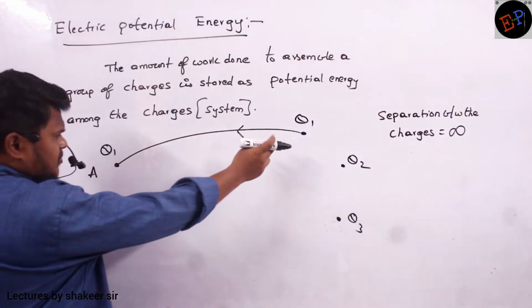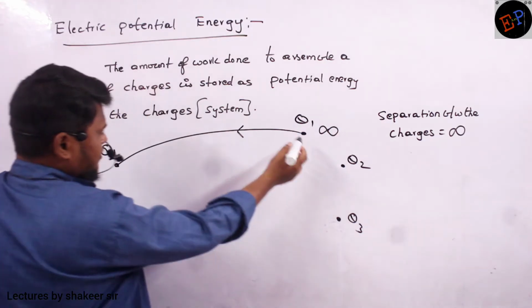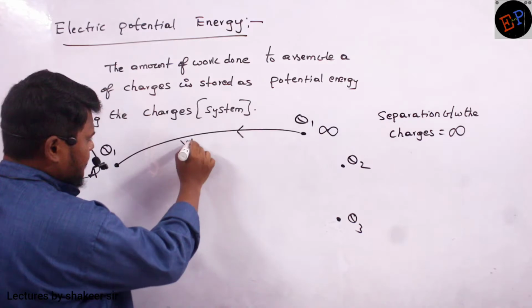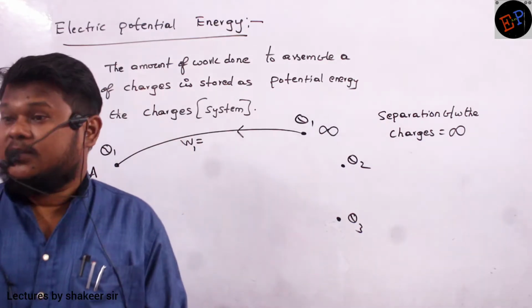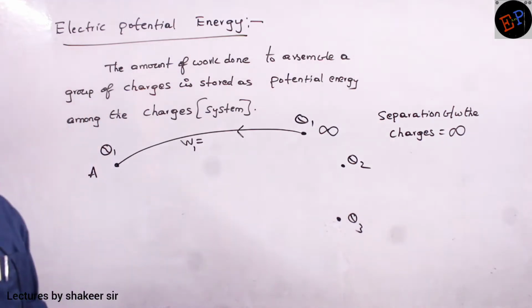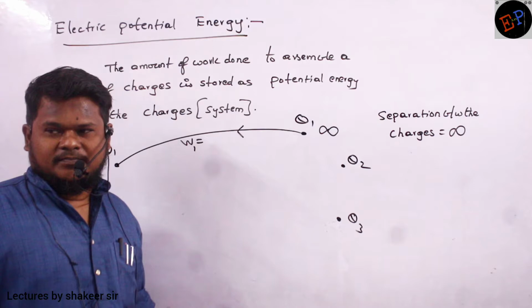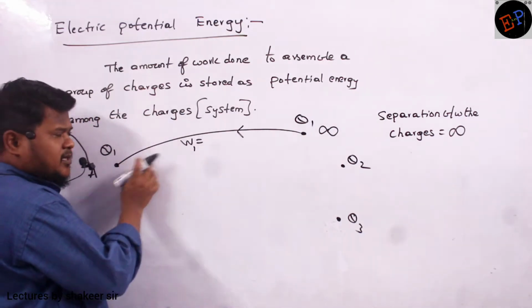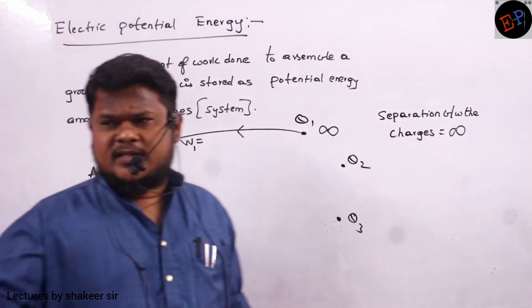Now in bringing this Q1 charge from a distance of infinity to this point A, how much work do I have to do? Zero work. Why zero work? See, in bringing this charge up to here, there is no repulsive force acting on Q1, because there are no other charges.